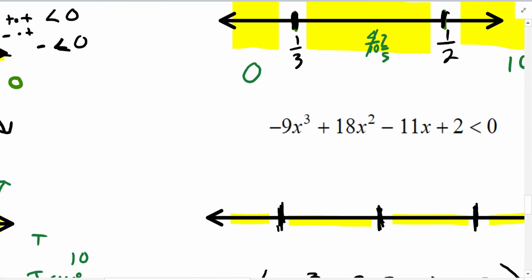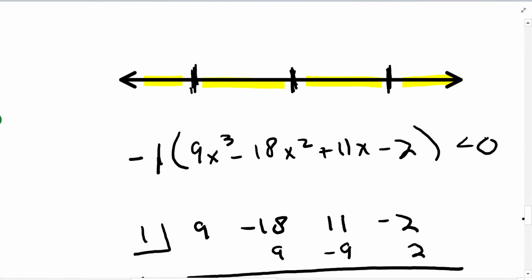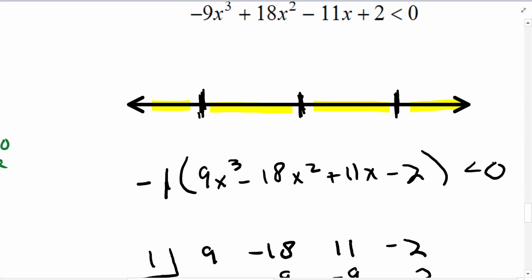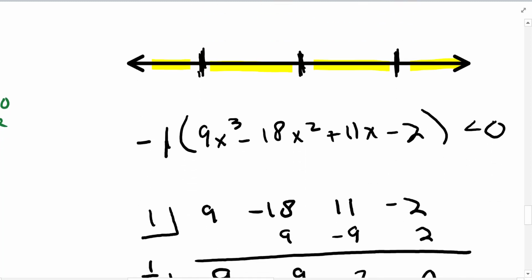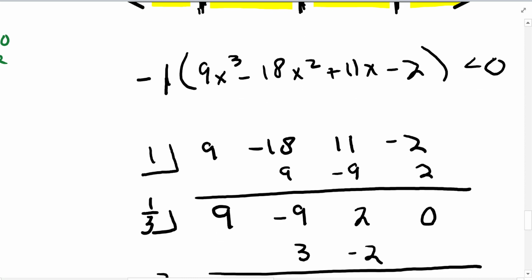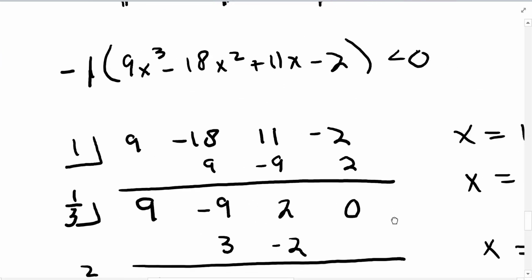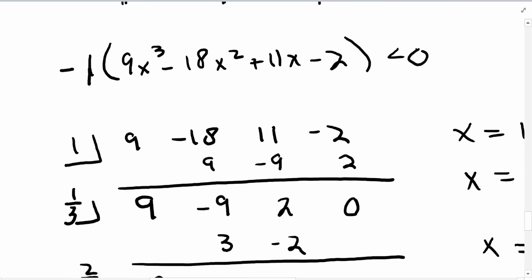All right, and this one, you're going to do some synthetic division. I would first factor out a -1, then you're going to do synthetic division. And when I tried 1, it worked. x is equal to 1.